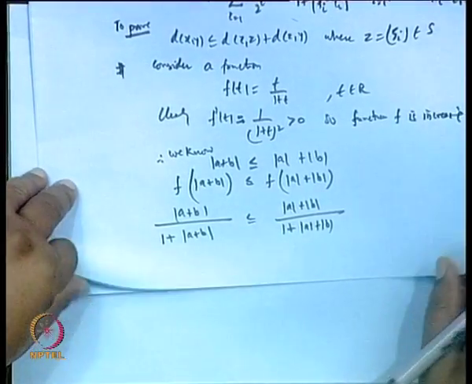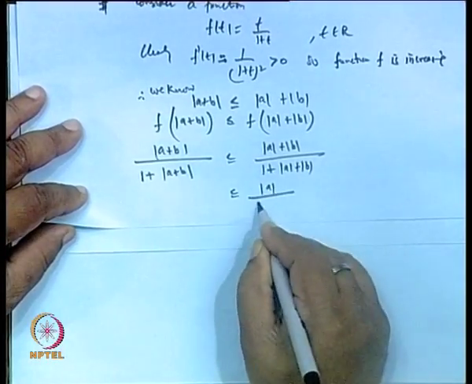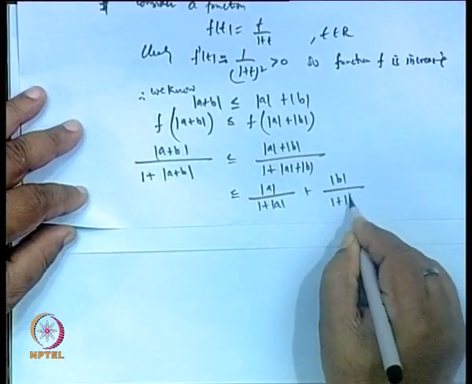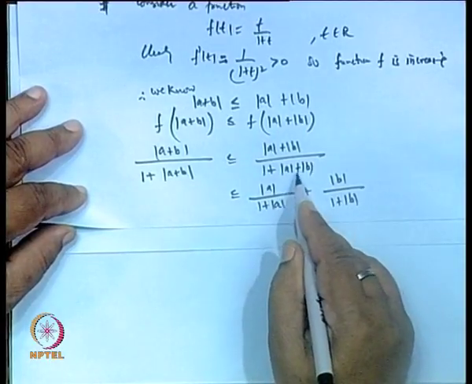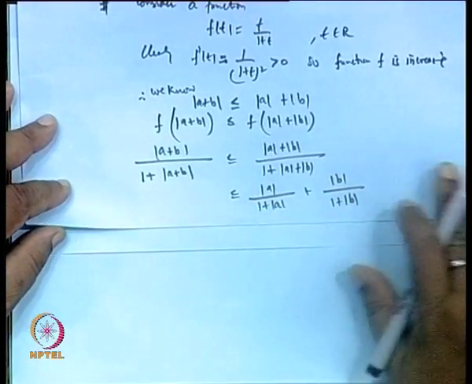And this will be further less than or equal to mod a over 1 plus mod a plus mod b over 1 plus mod b, because I am dropping b here and a there. So, we get this part.